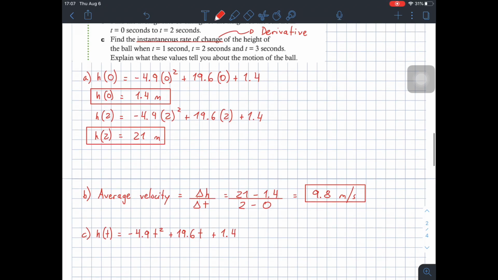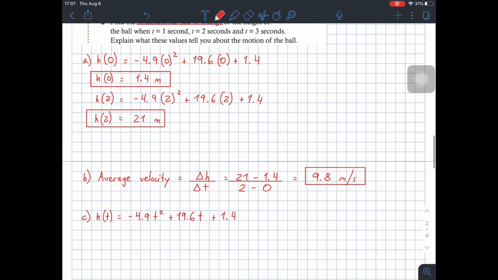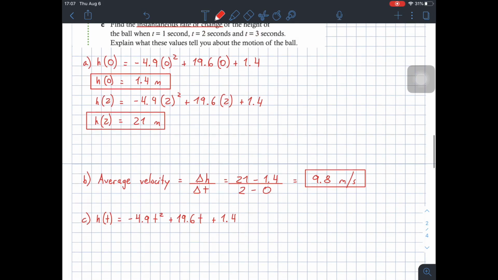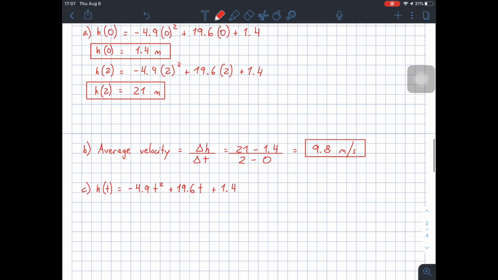So if I want to find the instantaneous rate of change at a specific point, the first thing you should think about is to find the derivative of this function. So we're going to find h prime of t, and we're going to differentiate this. This would be negative 9.8t plus 19.6 plus 0, which we don't need to write.